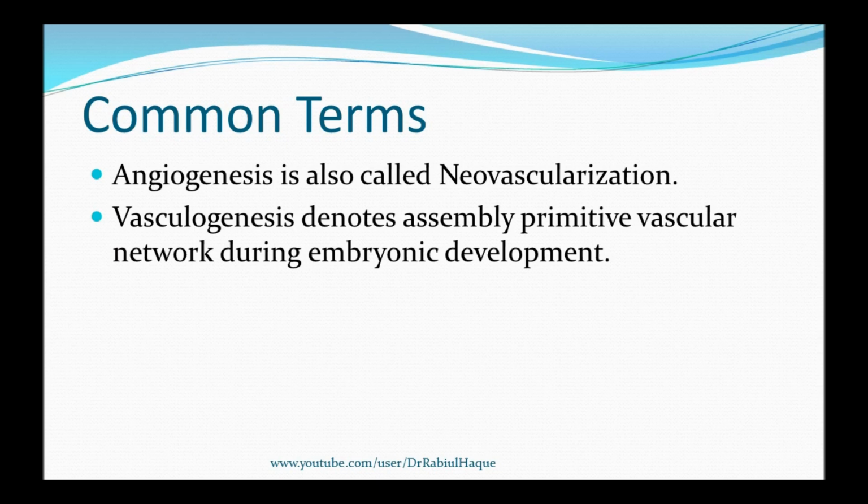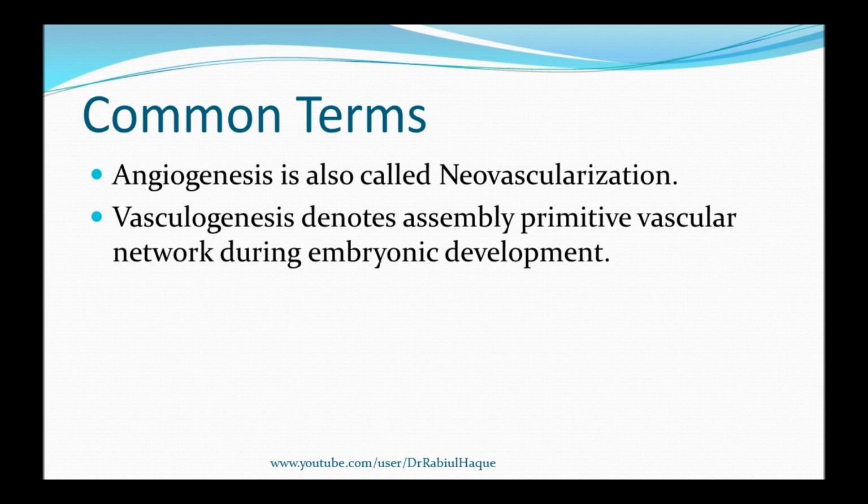Those primitive vascular networks were established from different types of precursor cells. And always remember, whenever you see the suffix blast at the end of the name of a cell, you have to remember that that thing is a precursor cell, or that thing can be a stem cell.